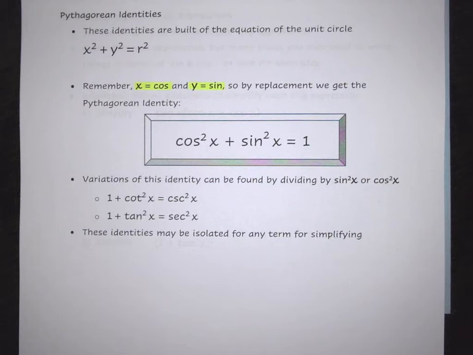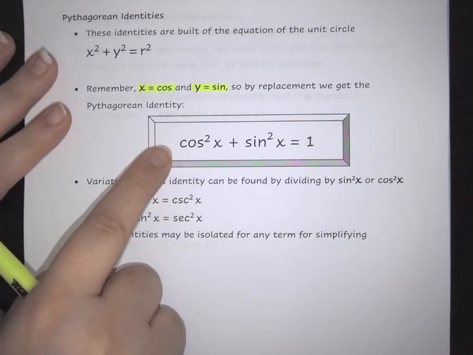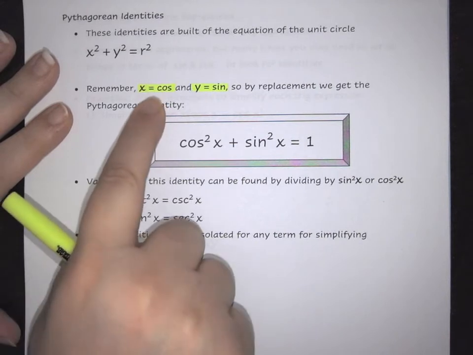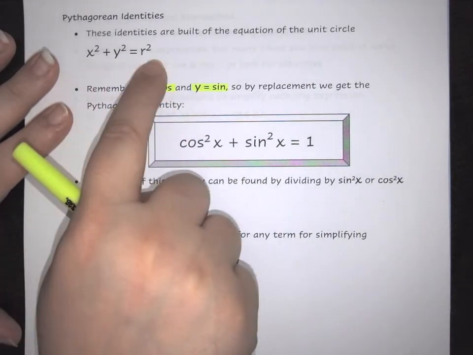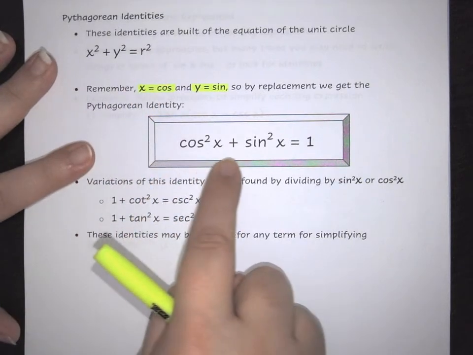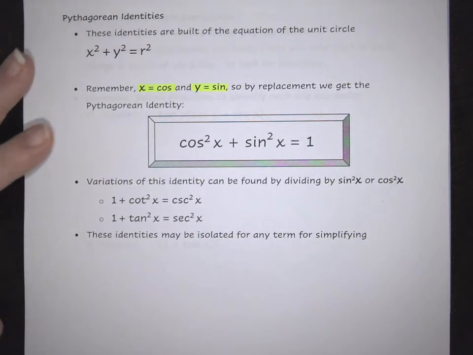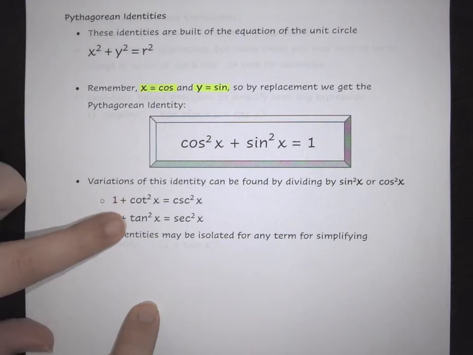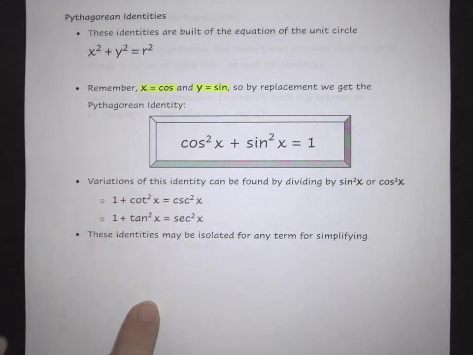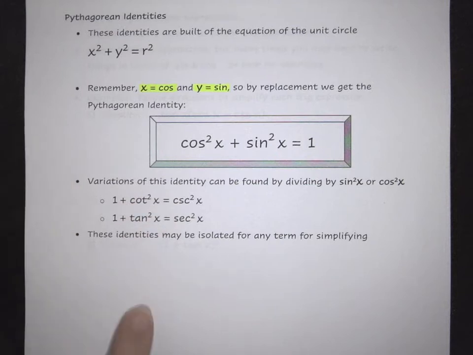So here all we simply did is use the idea of the unit circle, which says your radius is 1. We took our definitions for sine and cosine and plugged them into our Pythagorean equation, thus giving us what's called the Pythagorean identity theorem for trigonometric functions. With that, we also have variations, and as you can see, they deal with the other trig functions that we have: cotangent, tangent, cosecant, and secant.